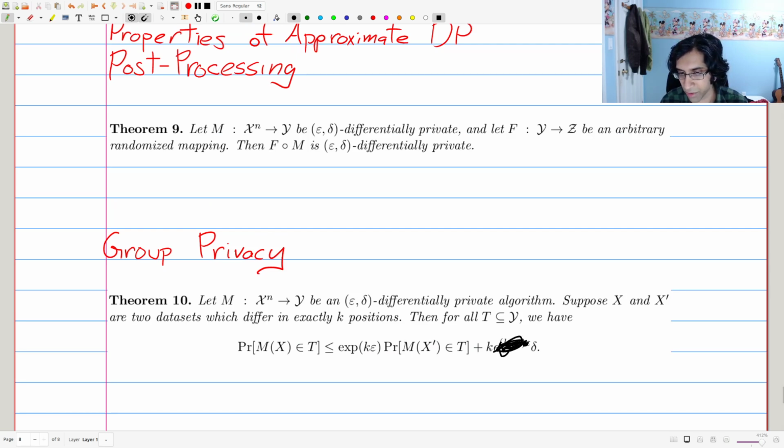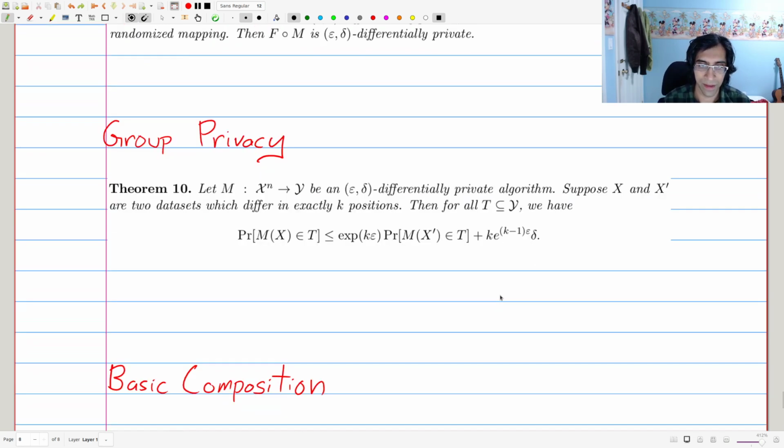That seems like the natural thing. But in fact, you pick up a lot of these e to the epsilons as well. So essentially you have k times e to the k times epsilon times delta. This can be pretty bad, especially as k gets larger and larger, because it grows exponentially in k. So not as nicely as we would have liked, but that's life.